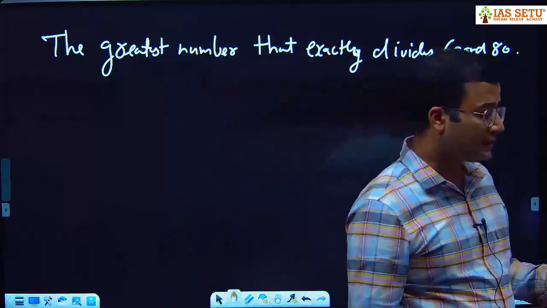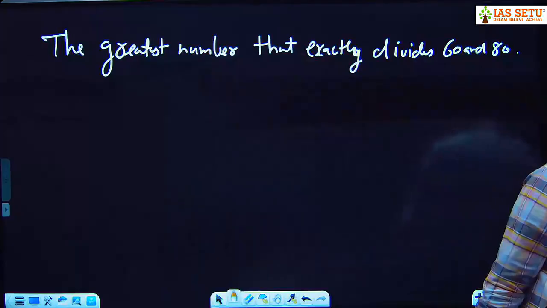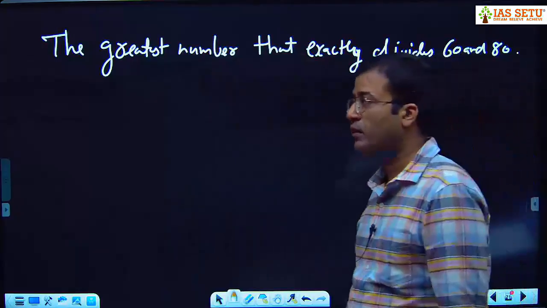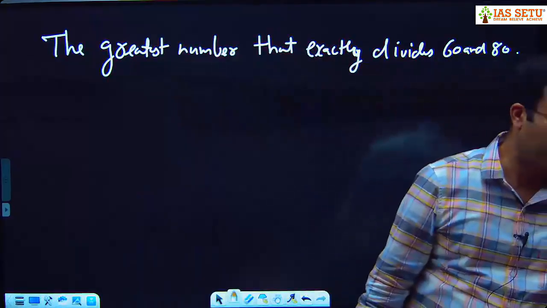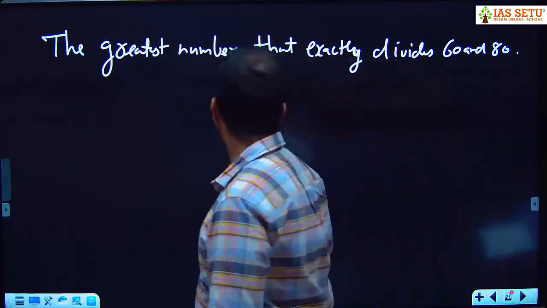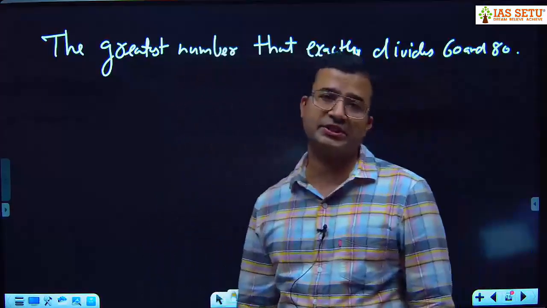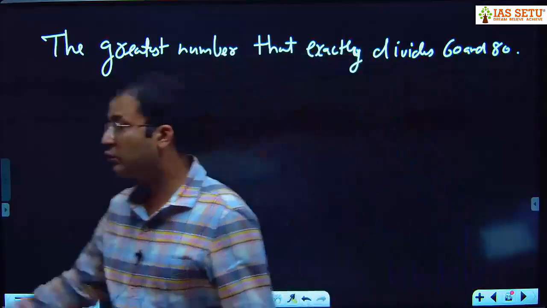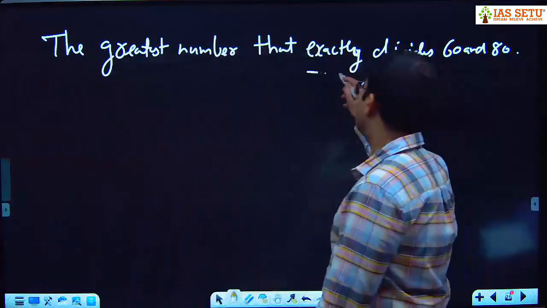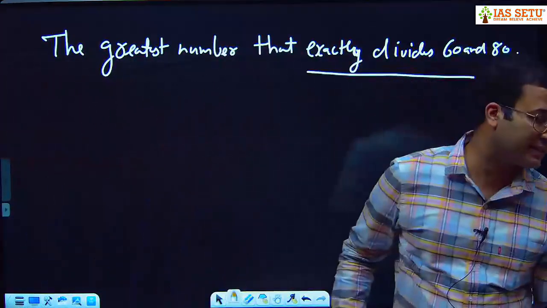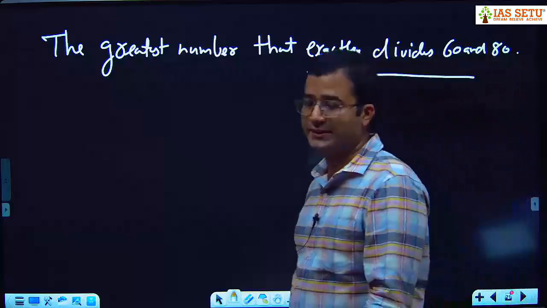So the greatest number that exactly divides 60 and 80. Can 120 divide 60? Can 180 divide 60? So the greatest number that exactly divides 60 and 80, what can divide 60?